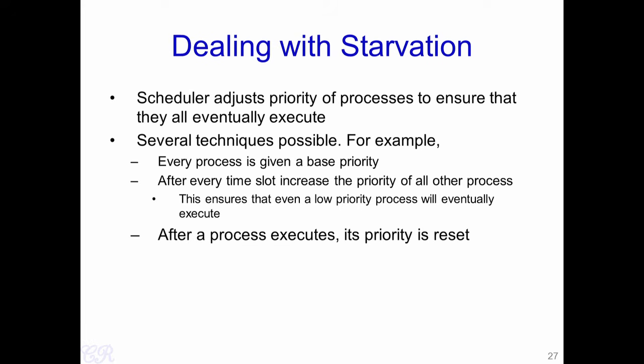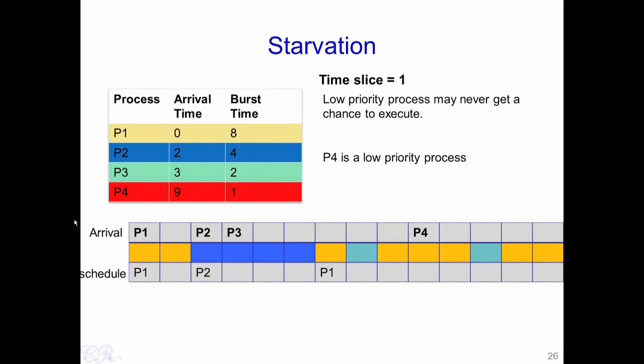So, essentially in operating systems which have a priority based scheduling algorithm, the scheduler would dynamically adjust the priority of a process to ensure that all processes would eventually execute in the CPU. What this means is that in our example, the priority of process P4 would gradually increase over a period of time until the point that it has a priority which is greater than or equal to the priority of the processes P1, P2 and P3.